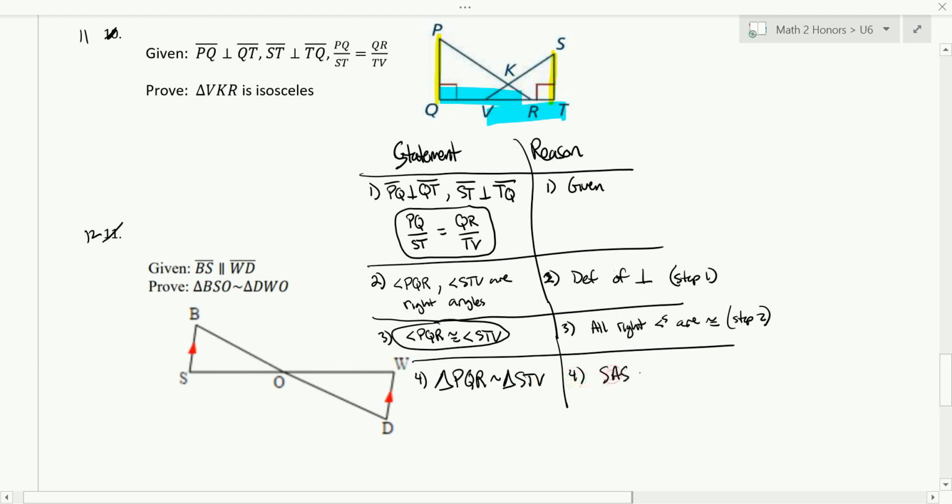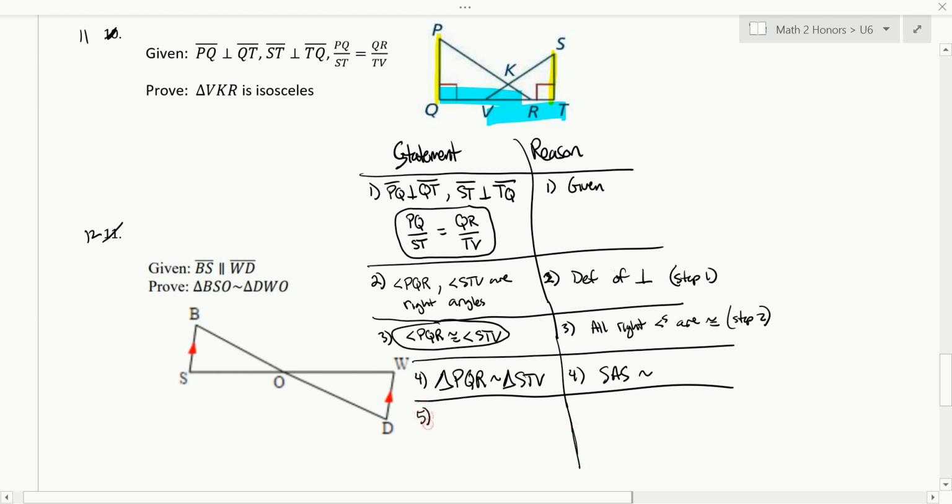Side angle side similarity. All right. Usually that's where the proofs will stop for you guys. And that will be like the hardest type of proof you'd encounter. Okay. This one goes a little further. And that's why I said, okay, this is the longest one we'll see. But usually that's about as long as the proof we'll have.